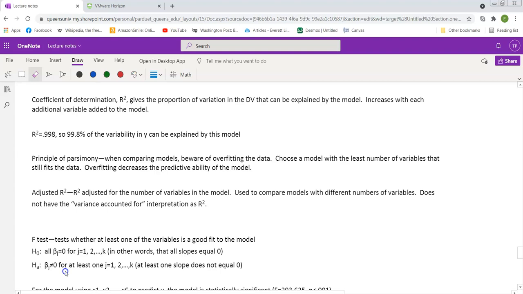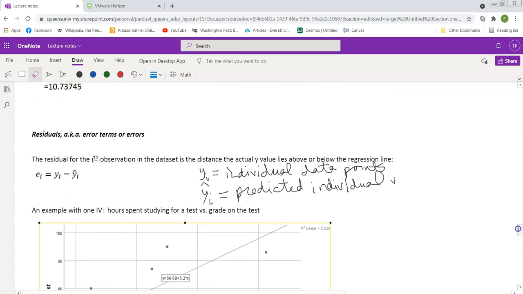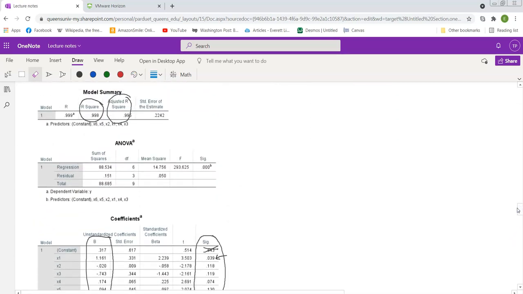The individual tests can't look at them all simultaneously, and that's what this one does. This test statistic and p-value comes out with our variables up here, in the ANOVA table. And this actually is the same F-test and p-value we saw with ANOVA.